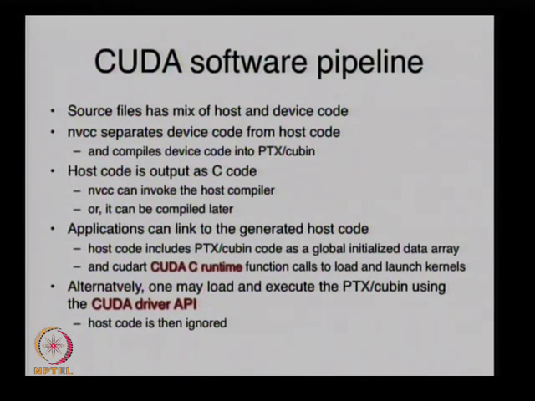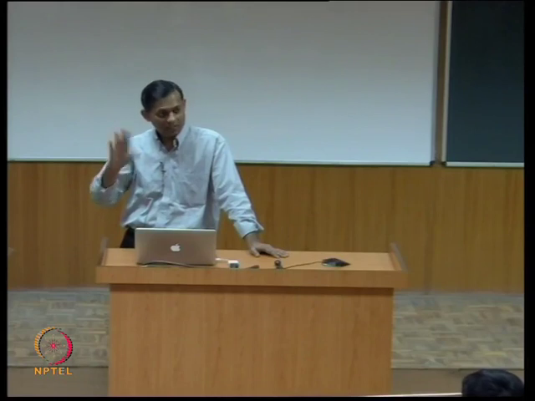Depending on the options you give to NVCC, it may compile it all the way to what's called cubin, the object code for a given GPU instance, or to PTX, which is an architecture-independent assembly language. And then it's also going to generate host code, for which it will either invoke the compiler or simply generate the source code, which you may then compile at a later stage.